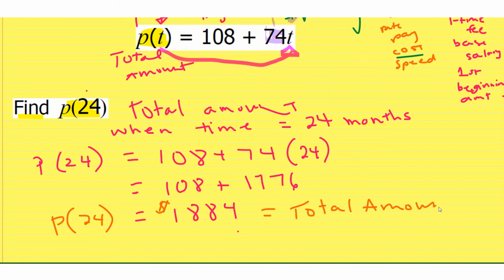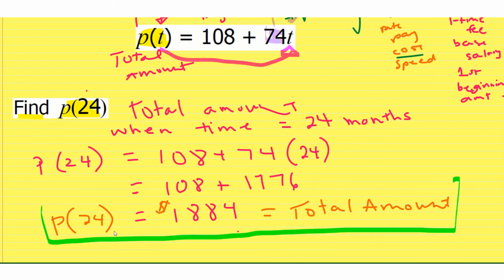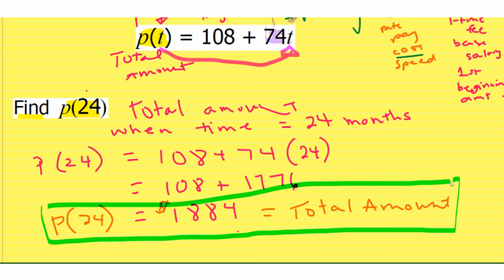Okay, so hopefully that helps you understand that better than you did before. There's our answer. Our P of 24 is equal to this amount. That is the total amount that he's going to pay after 24 months. Let's put a little check mark there. It makes me happy to put check marks there.